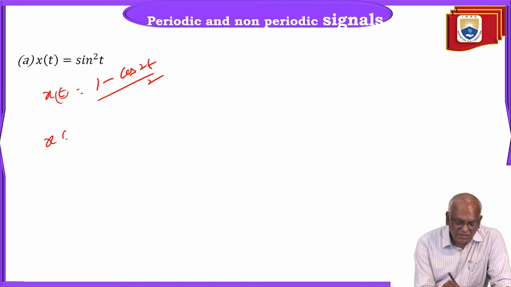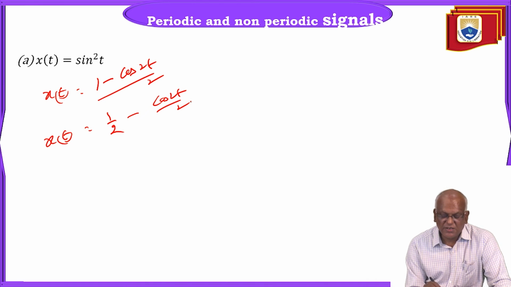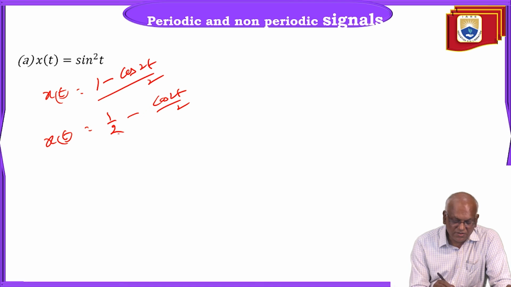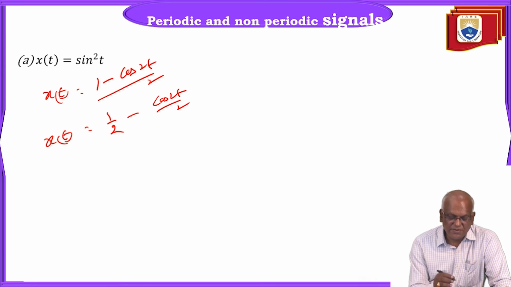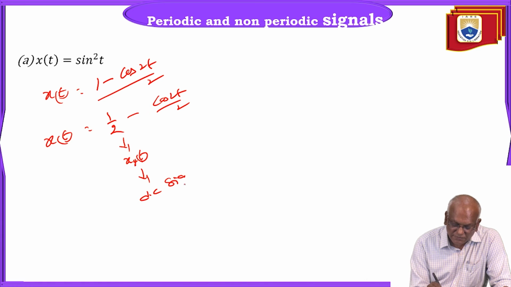It is written as two signals. 1 by 2 is a DC signal, and cos 2t by 2 is nothing but a sinusoidal signal. For a DC signal, you know that for the entire time range it is a constant value. So x1(t) is a DC signal and x2(t) is a sinusoidal signal.